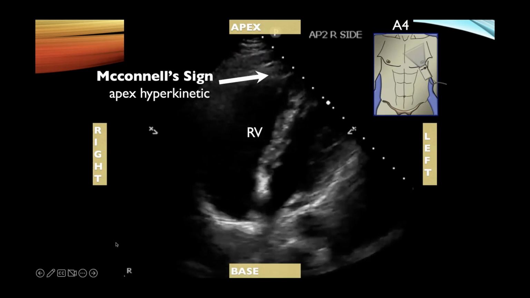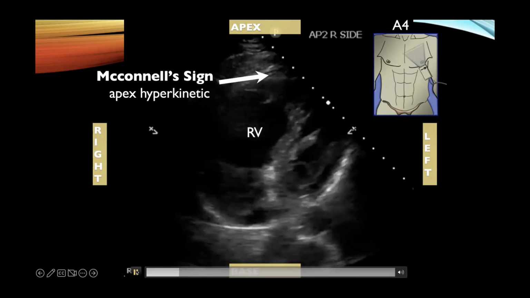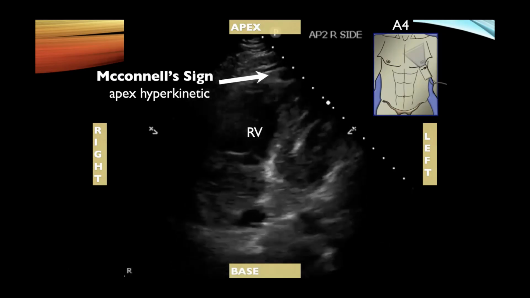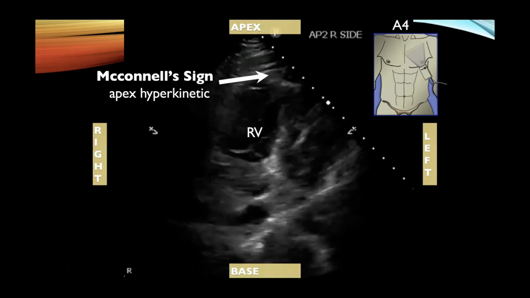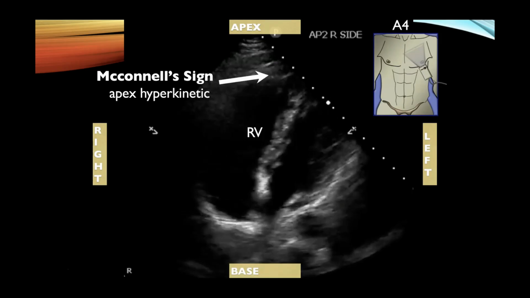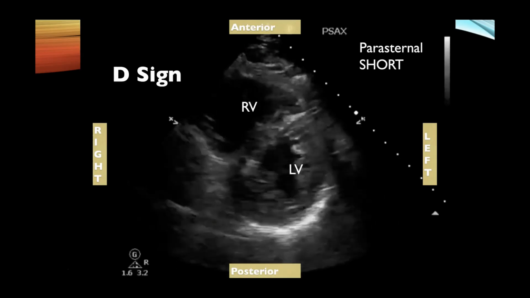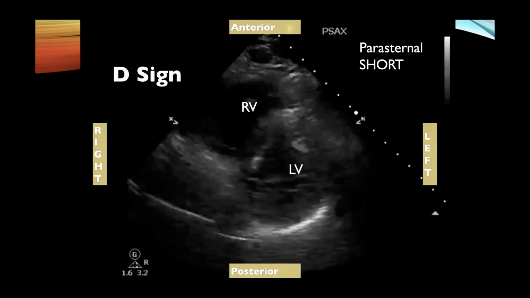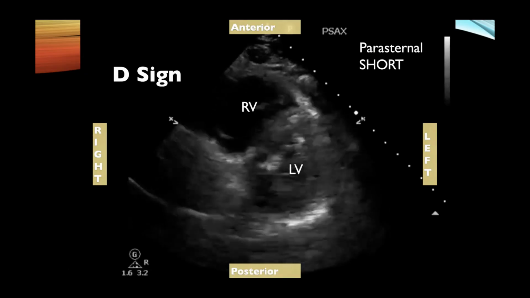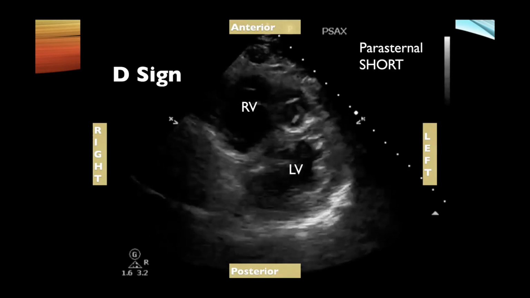Yeah, when do we see this? I think it's not specific, but we can see it for PE. Exactly, yeah. So this can clue you in. So just another little hint that one of your differentials could be a PE for that patient.